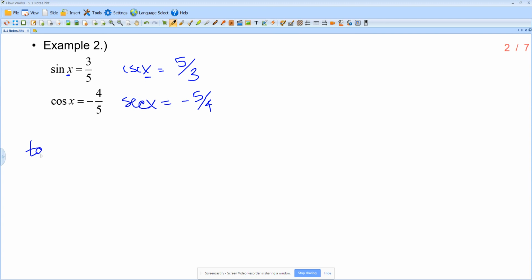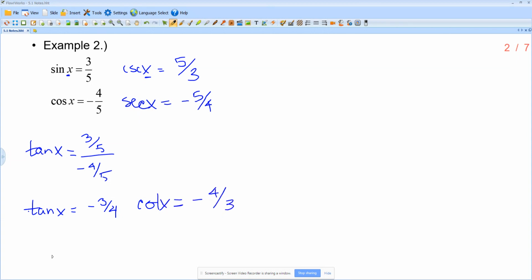If I want tangent x, it is equal to sine over cosine. So that's going to give me tangent x equals negative 3/4, which means cotangent x is equal to negative 4/3. Here, all I did was cancel off these 5s. So this one, I was able to do without that triangle.